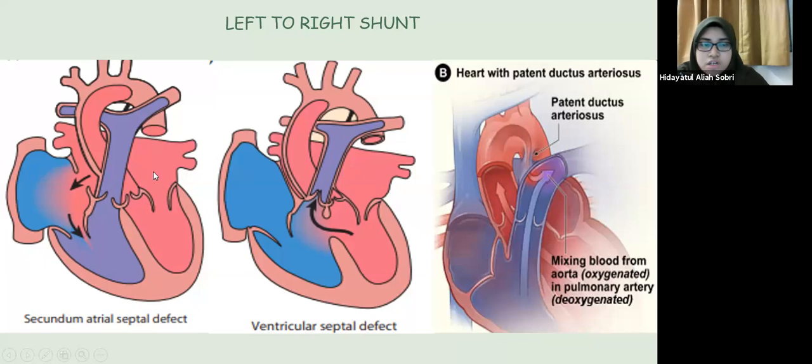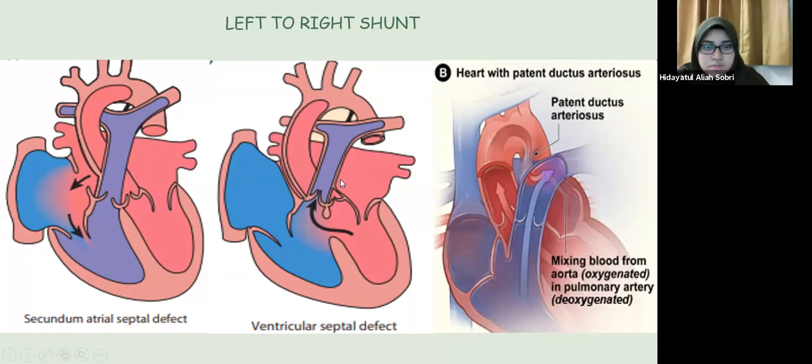This shunt occurs because, as we know, the blood in the aorta is higher in pressure compared to the right side. So there will be a left to right shunt.